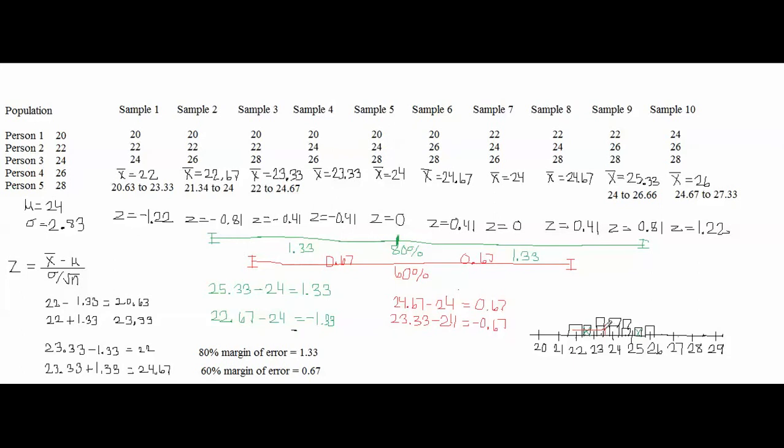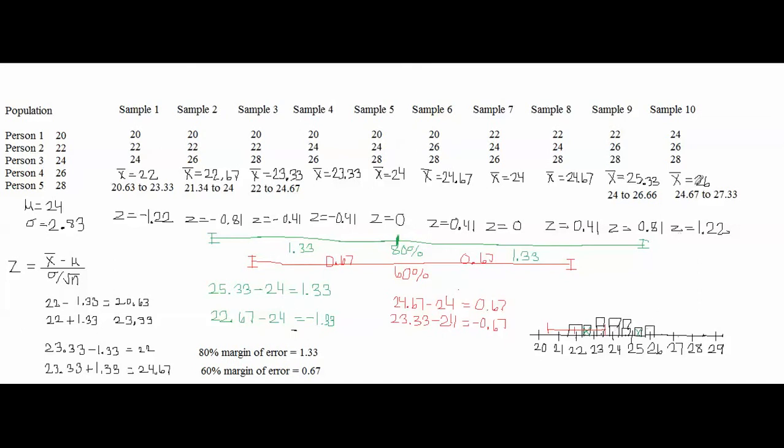So it's like when a person's arm isn't long enough to reach something. You can see if we add and subtract the margin of error to this sample mean of 22, which I did right here. This is the 22 at the center. It falls short of the population mean of 24.